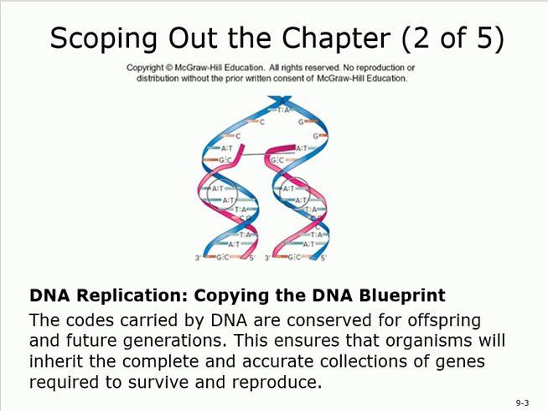You will make copies of your DNA, and we will call that DNA replication. It should be exactly the same thing. I have this DNA, I make a copy which is exactly the same. I call that DNA replication.